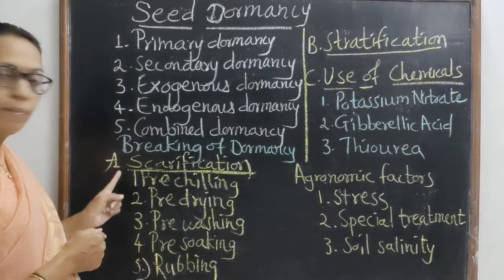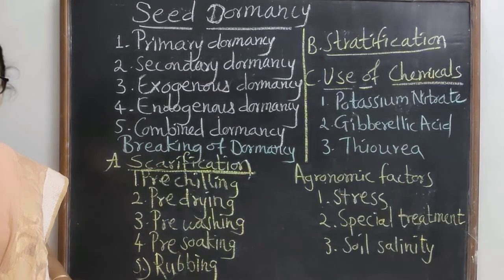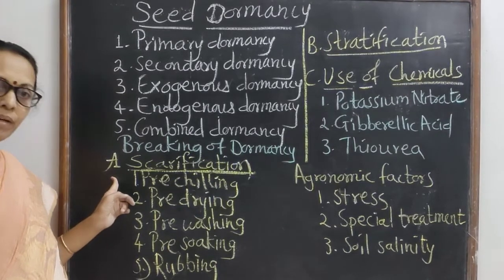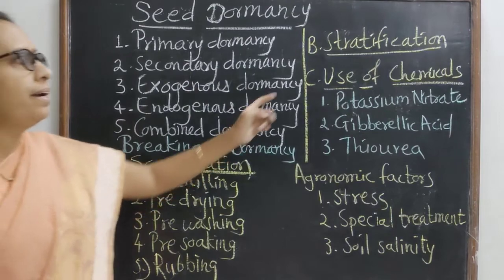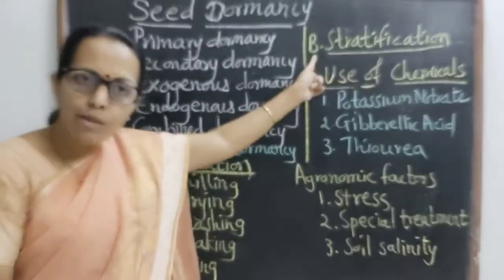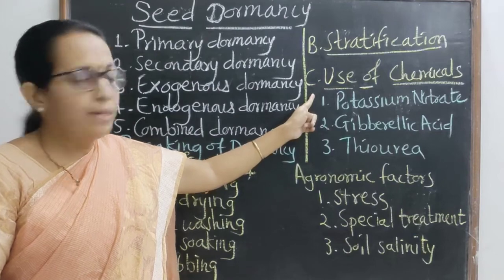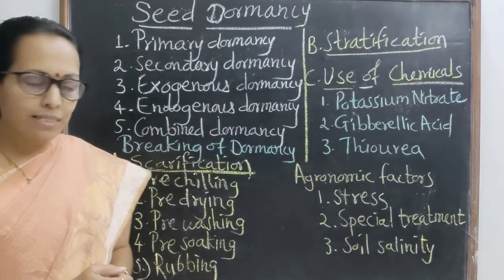So, we will see one by one these methods also to overcome the dormancy of the seed. First method, that is scarification of the seeds. Second, that is stratification of the seeds. And finally, we can use some chemicals to break the dormancy.